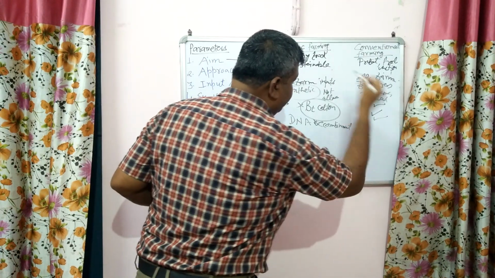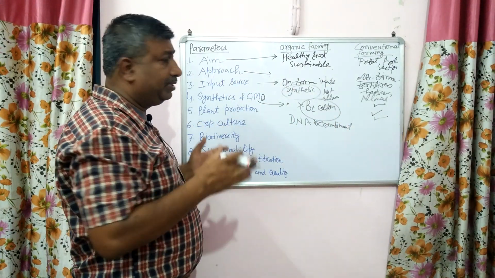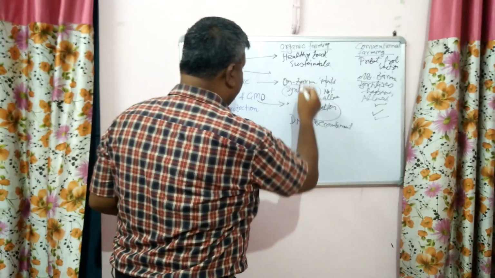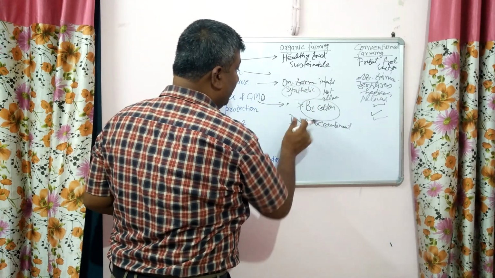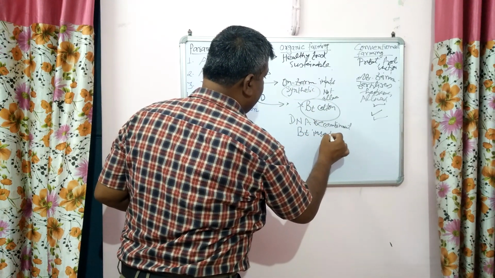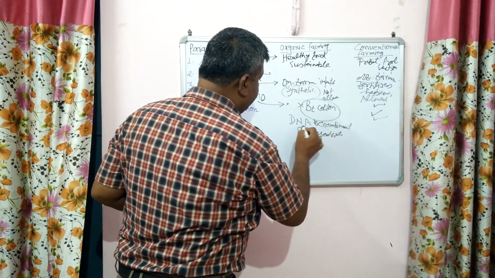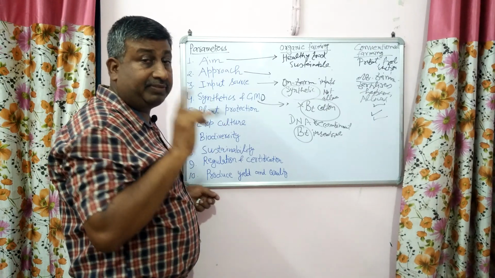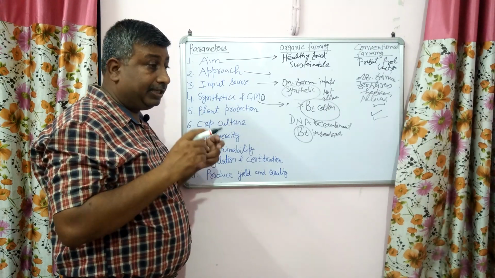Here it is allowed because conventional farming doesn't restrict any type of input. But in organic farming, BT insecticides are used. BT microbial preparations are used. Actually, BT is the Bacillus thuringiensis bacterium, which produces toxic proteins.